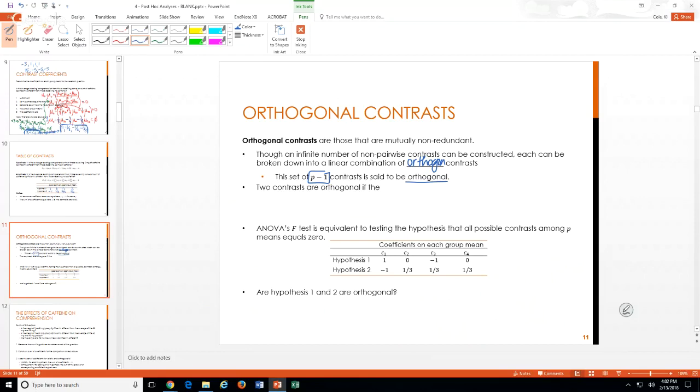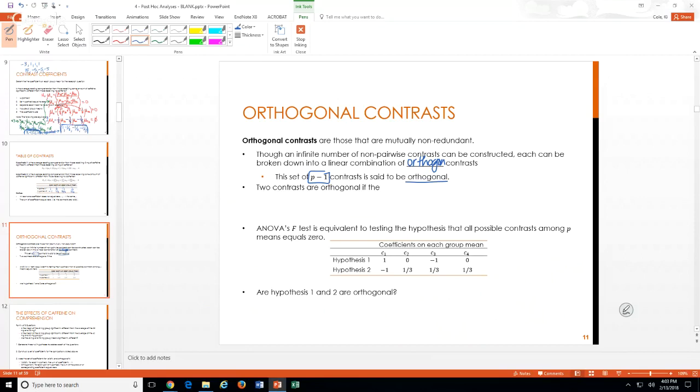So in our caffeine example with 4 groups, what's p-1? 3. So we could derive 3 hypotheses or contrasts. And if those 3 were orthogonal, then those 3 alone would give us everything we needed to know about the relationship among our groups.